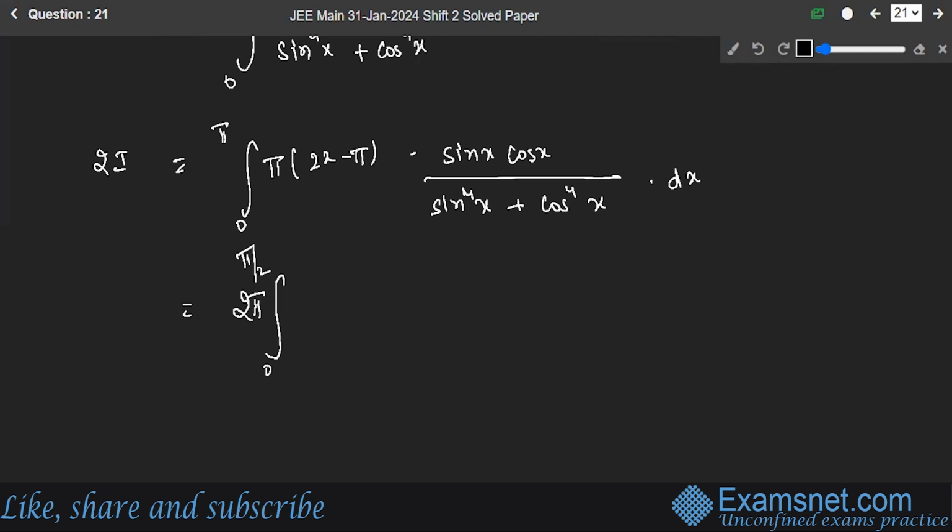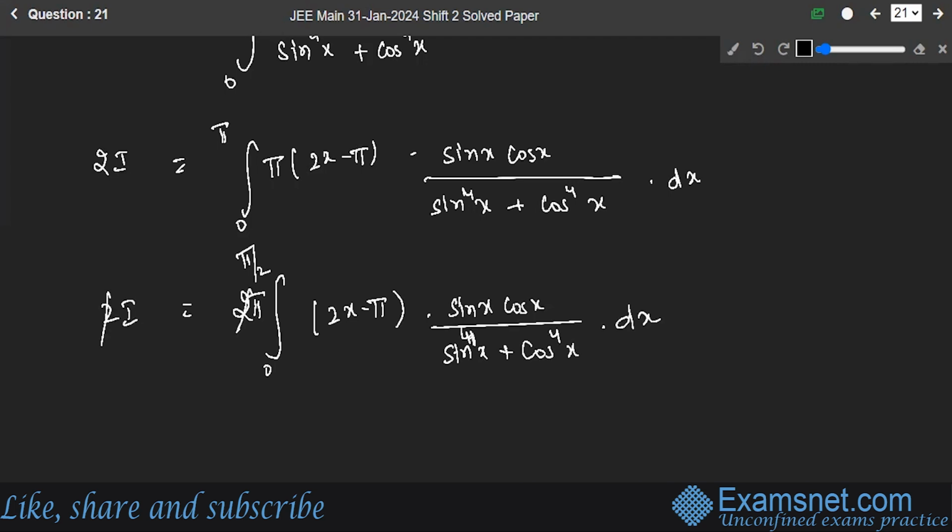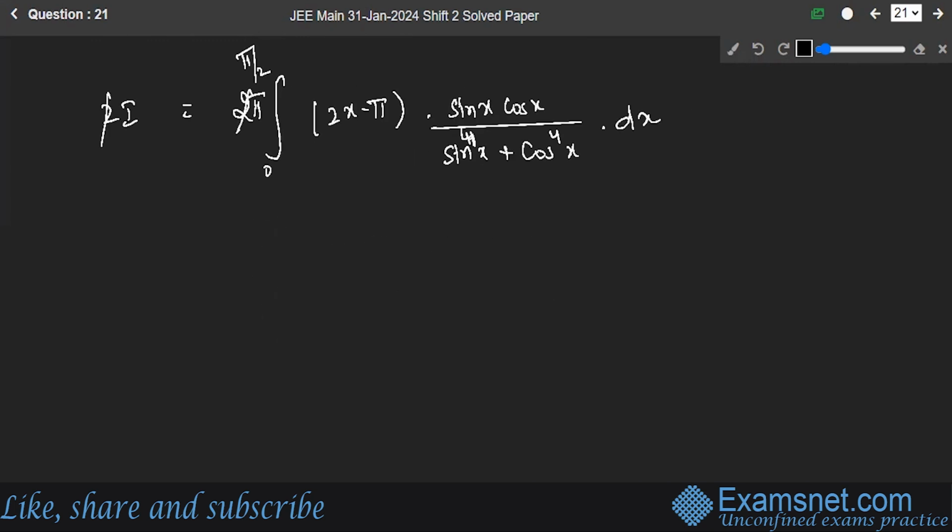So 2 pi over here, and here will be 2x minus pi into sine x cos x upon sine power 4x cos power 4x dx, that's equal to 2I. So 2 and 2 will cancel. You will have I is equal to pi, 0 to pi by 2.